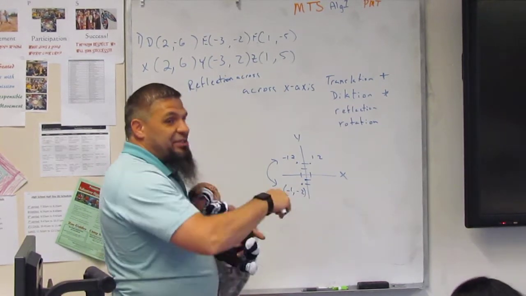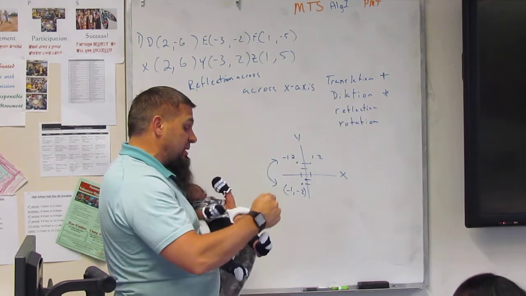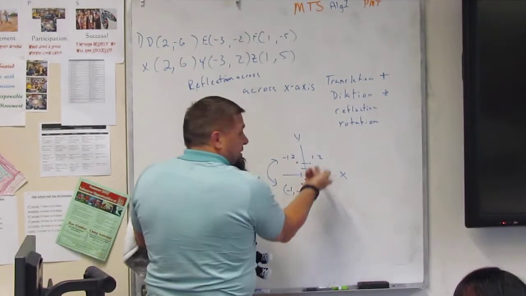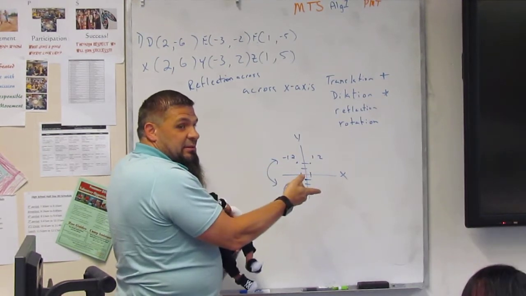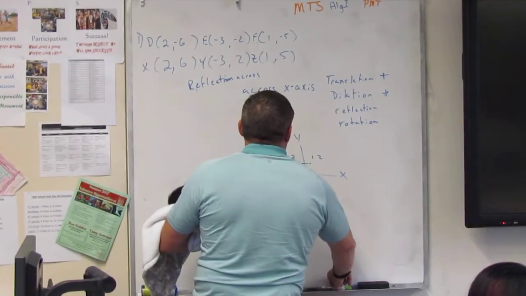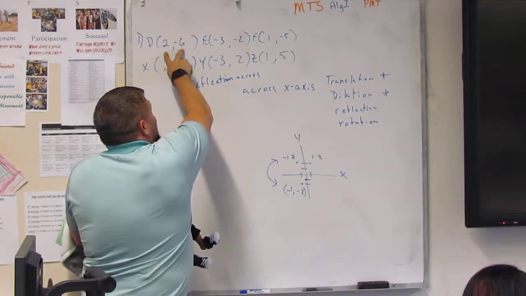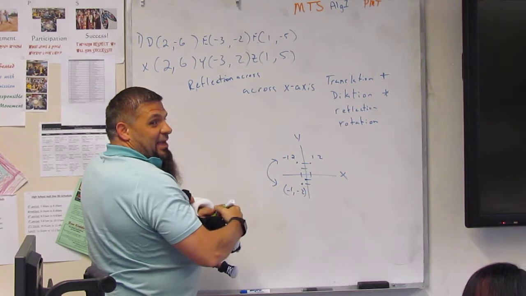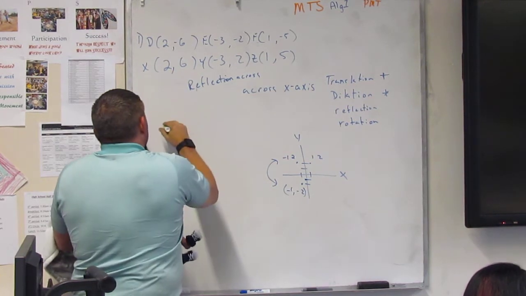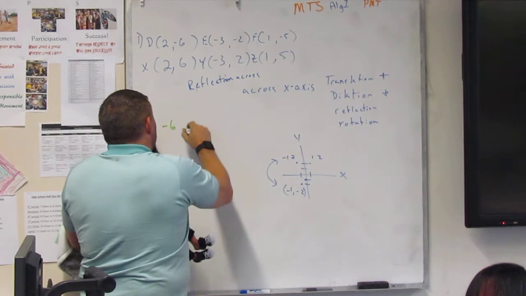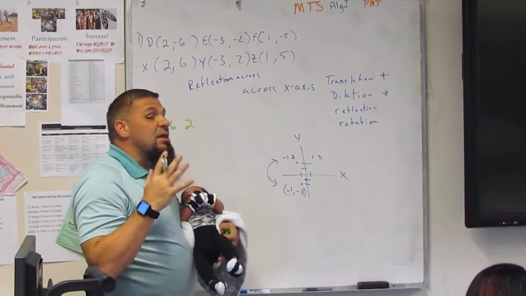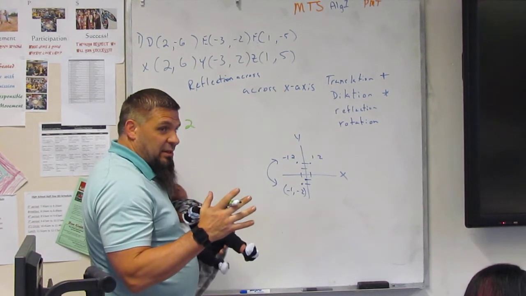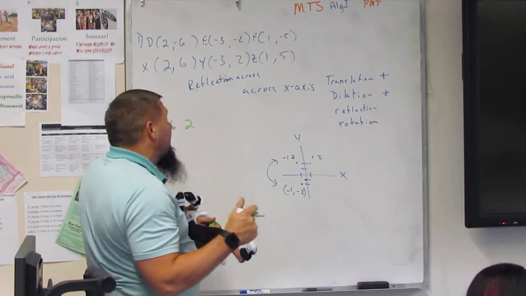Now with rotation, it'd be a little different. With rotation, what happens is it rotates 90 degrees, right? And the cool thing about rotation is that the x becomes the y, and the y becomes the x, and then one of them becomes the opposite, like negative.